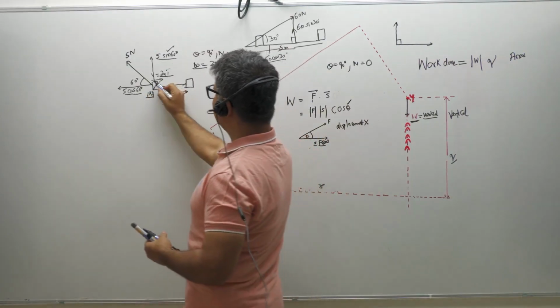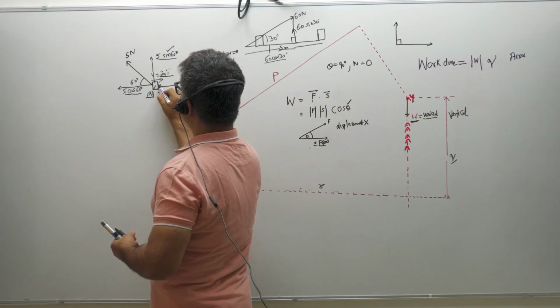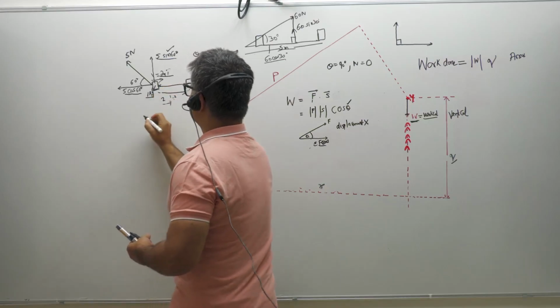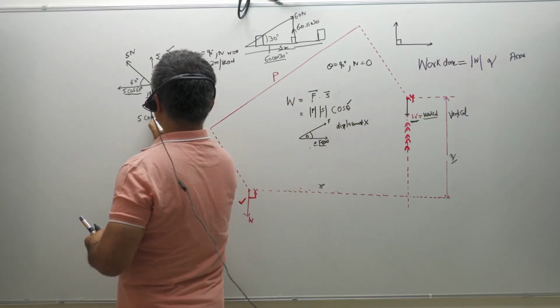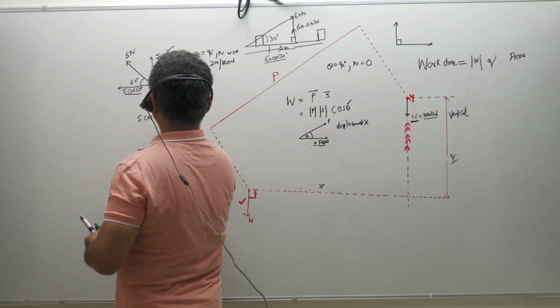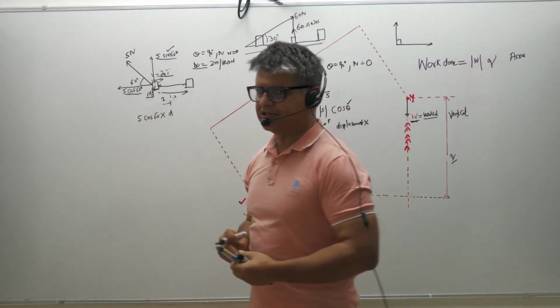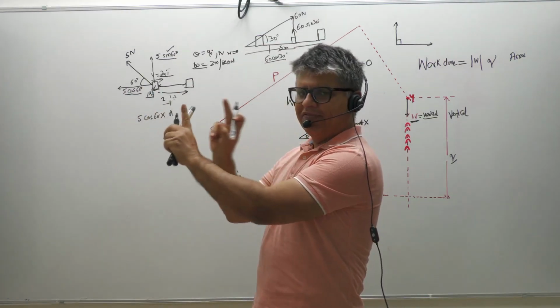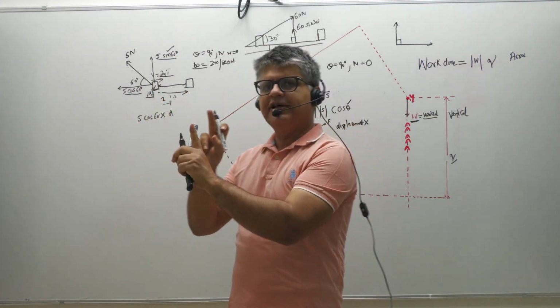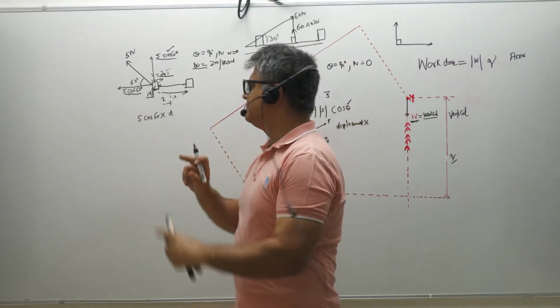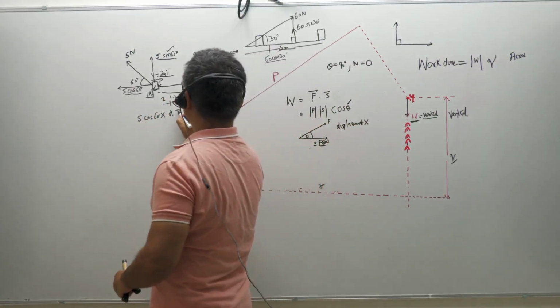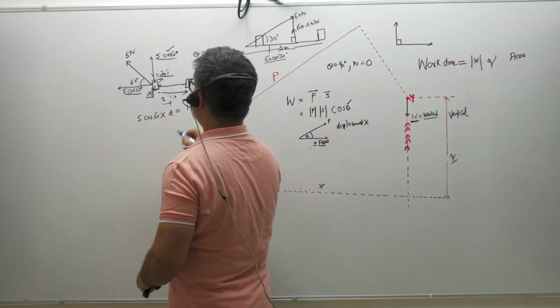This force continuously acted on this body and stopped it. So 5 cos 60 multiplied by the displacement, which is in the opposite direction but in the same line, is equal to the change in kinetic energy of the body.